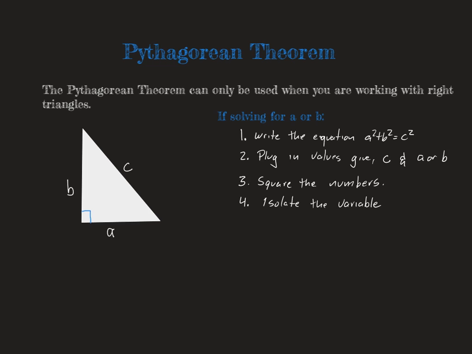So if you're solving for A, that's the variable you're going to leave by itself. If you're solving for B, that is the variable that you're going to leave by itself. At the end of the day, it doesn't matter which one is your A or your B, because the answer is going to be the same for the length of the triangle. So you're going to isolate by doing inverse operations.